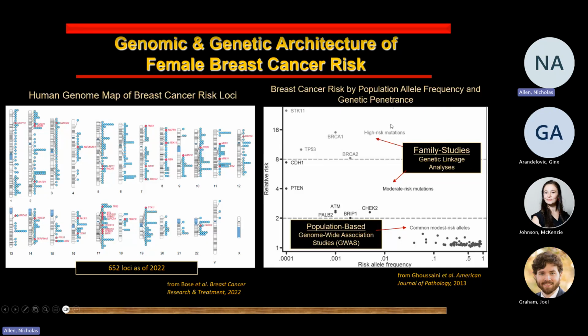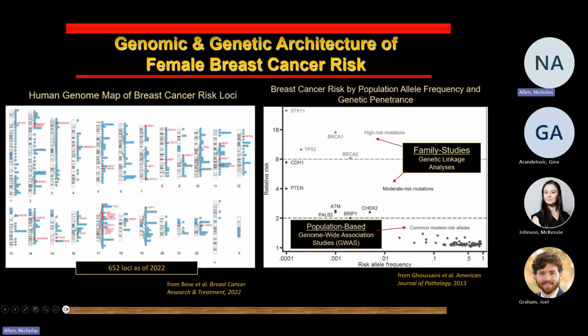So what I've got here is at least current as of a few years ago. There's a few more on here, but this is what we call a lollipop diagram. It's the human genome organized in chromosomes, which we call an ideogram. Each lollipop is a location that has been associated with breast cancer.